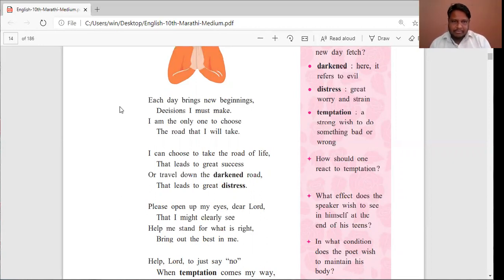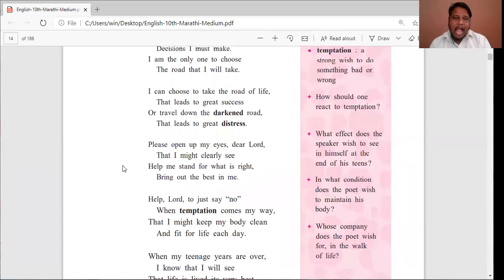Next, I can choose to take the road of life that leads to great success, or travel down the darkened road that leads to great distress. Darken, we have seen this word's meaning before. It means evil, and distress means worry. By these four lines we have to know I can choose to take the road of life.